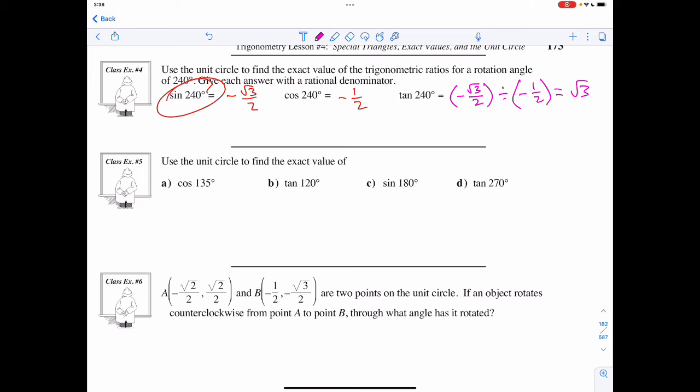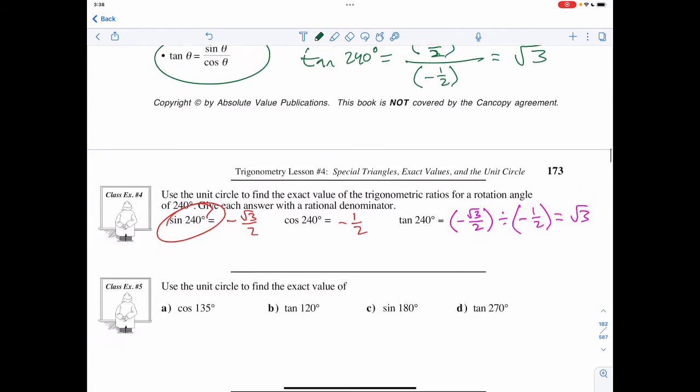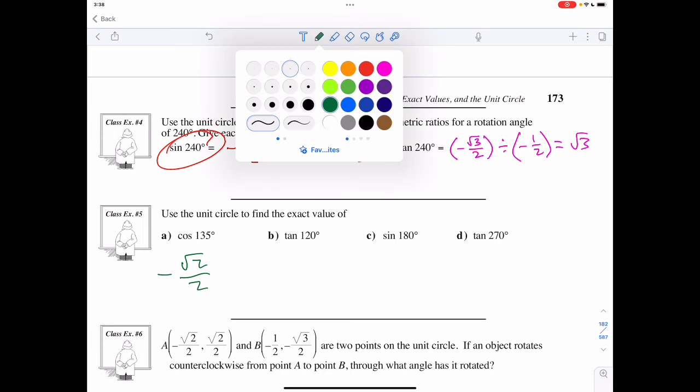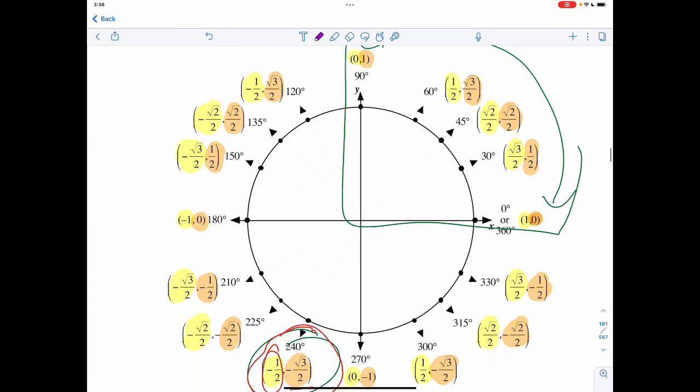So, if I am going back onto my unit circle, cos of 135, there's my x value. It's negative root 2 over 2. Tan of 120. Go to 120. And I have root 3 over 2 for sine, negative 1 over 2 for cos.